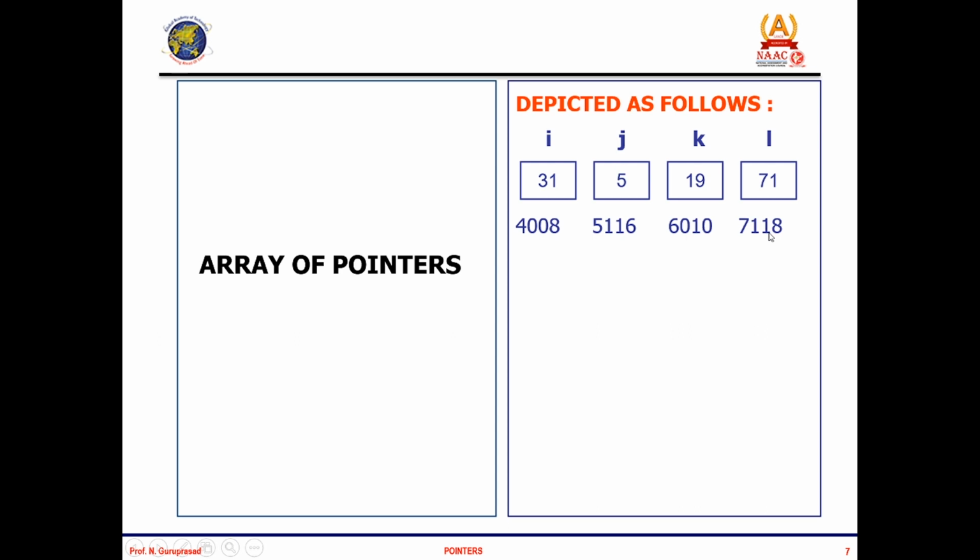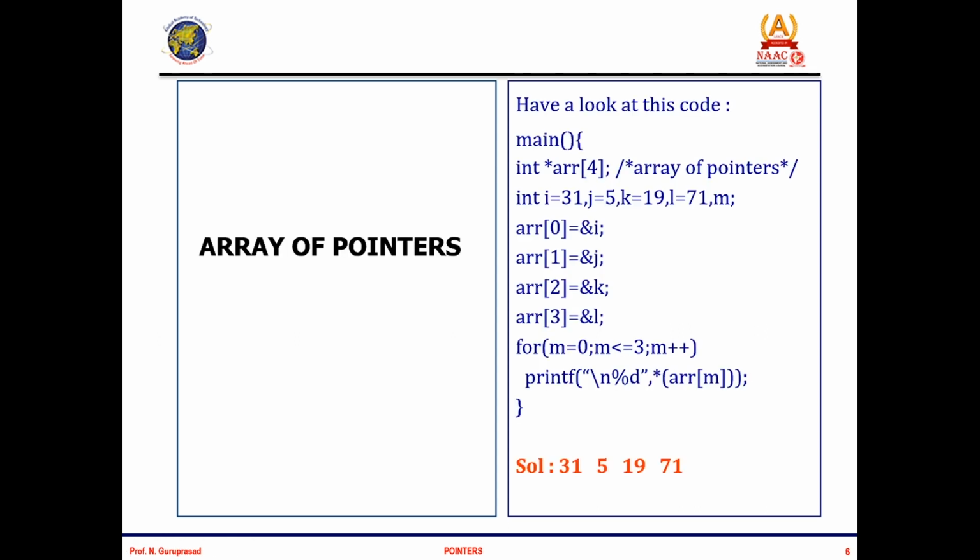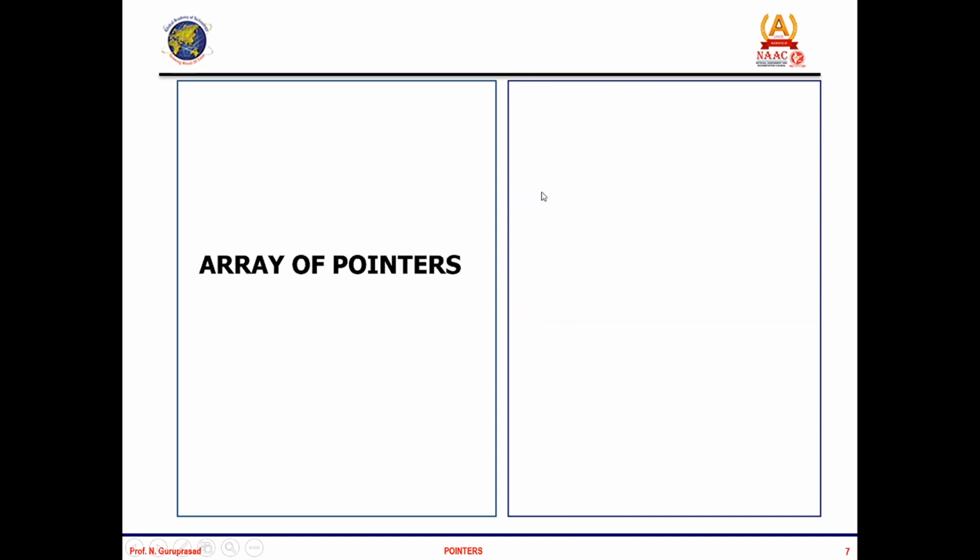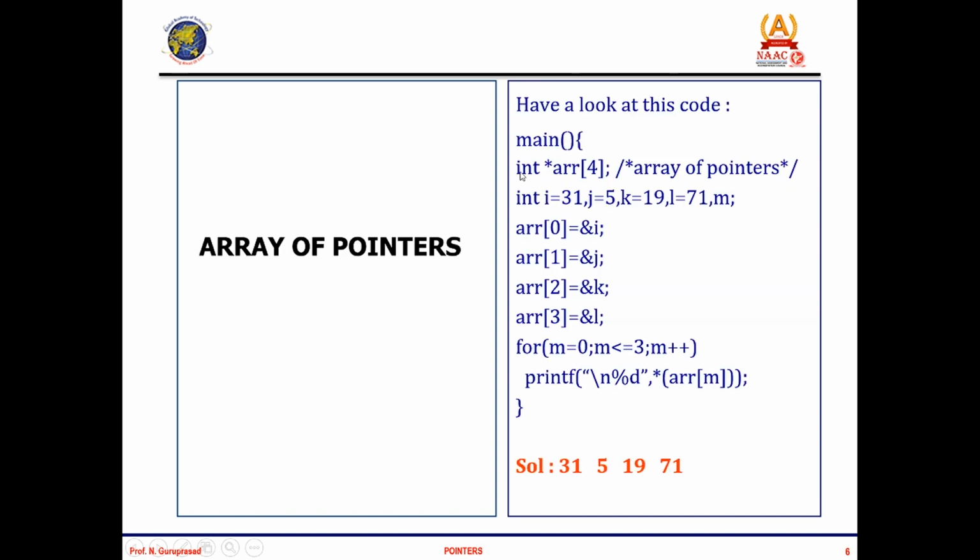So this is the memory map for your code, from the int star arr till ijkl. Now the next statement is arr of 0 is equal to ampersand of I. So we need to have a memory map for the array also.